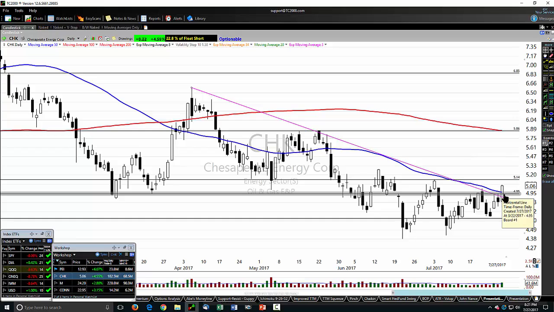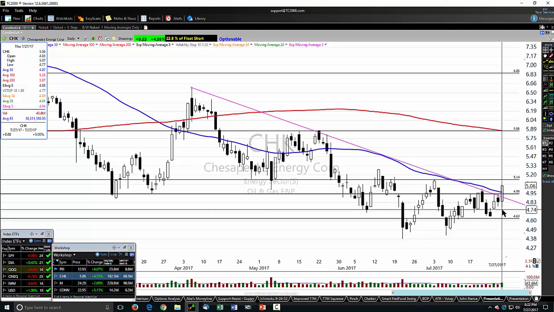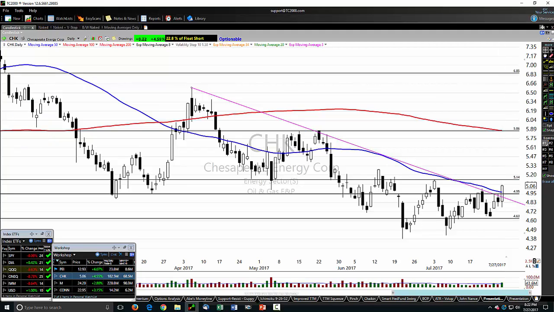And my stop here is at 4.95, which gives support from here and from there as potential levels to protect my stop. Just for sanity's sake, V stop's pretty close at 4.85, so I'm within a dime. And that will move anyway because I'm not buying till up here. So this is something we'd have on the watch list and look for the breakout.